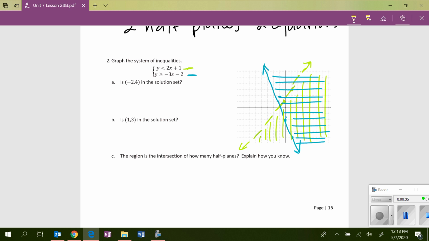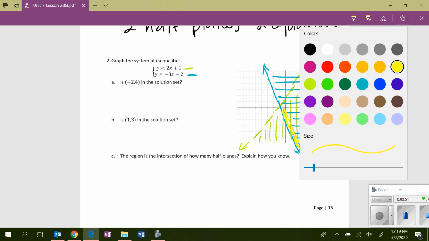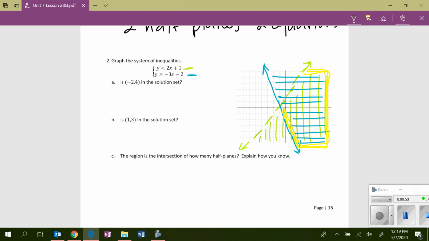And my solution is in this area over here. We can include any points that are on my blue line, but I can't include anything on my green line since we're not equaling. So it says (-2, 4): 1, 2, 3, 4 is that point right there. Is that part of the solution set?